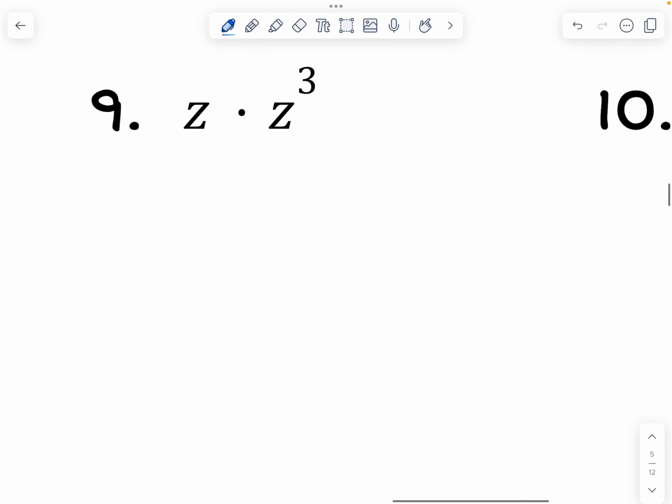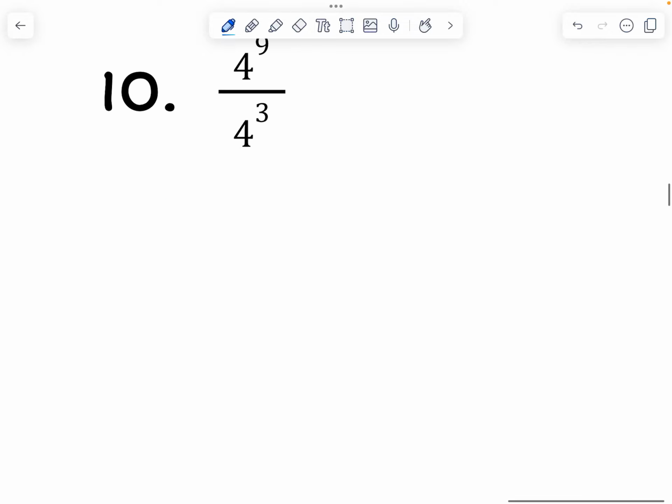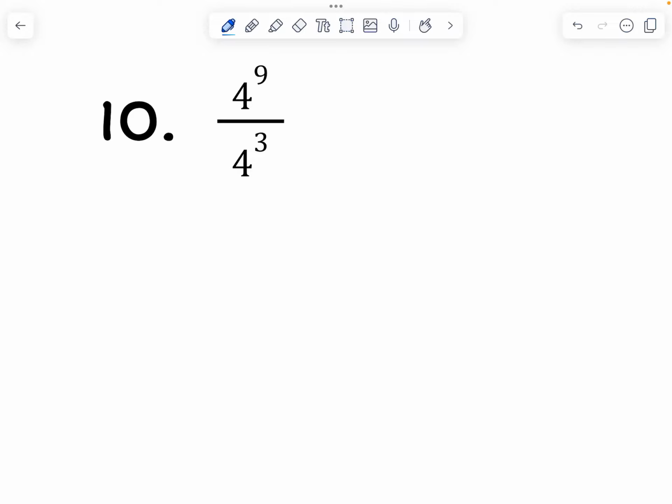Over here, this is multiplication. There's an invisible 1. We add our exponents. This is a quotient. We subtract our exponents.